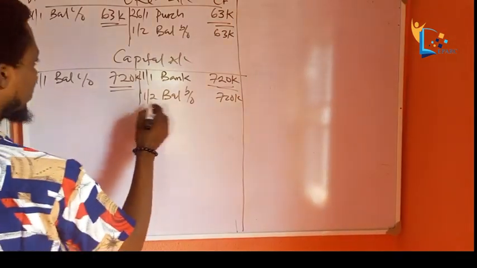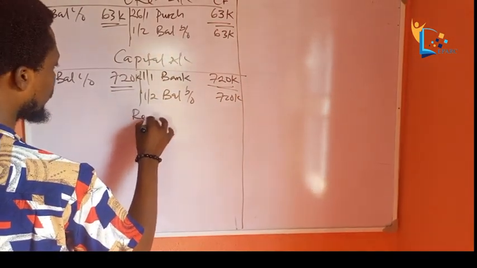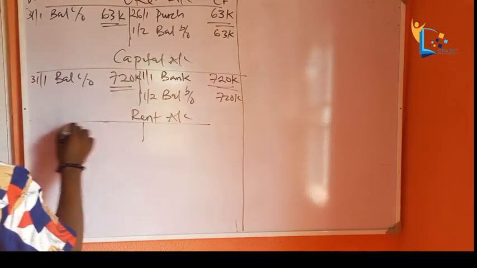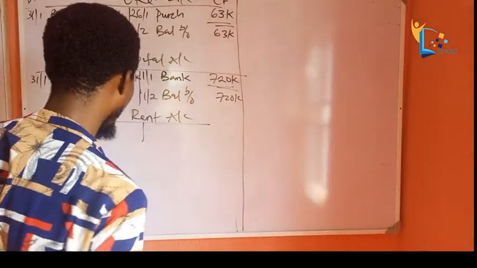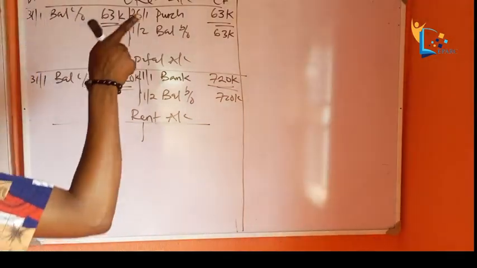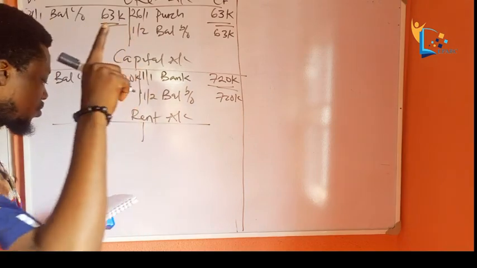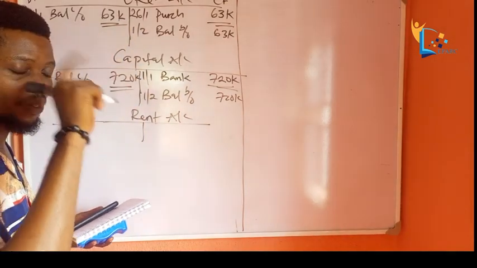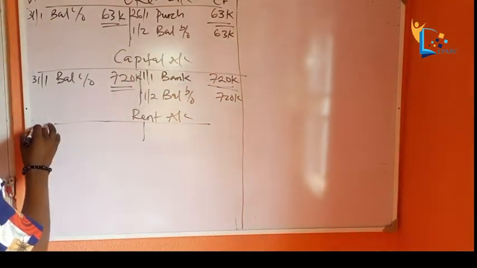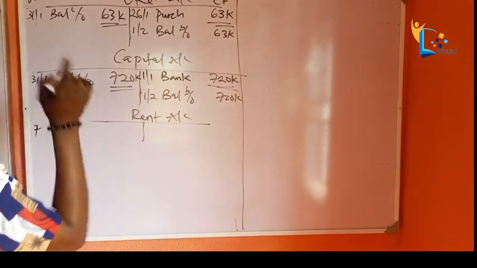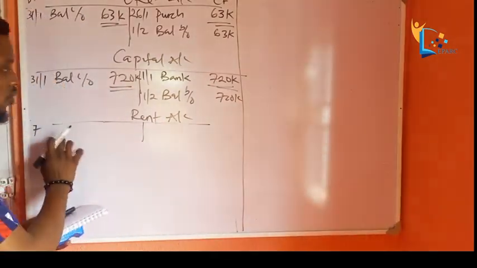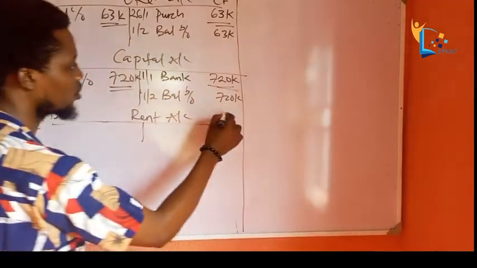All right, the next is rent account. On the cash book, we paid rent on the 7th. If you go to our cash book we did before now, you will see rent there on the 7th, on the credit side of the cash book. So to complete the double entry principle, we'll do that on the debit side of rent account.